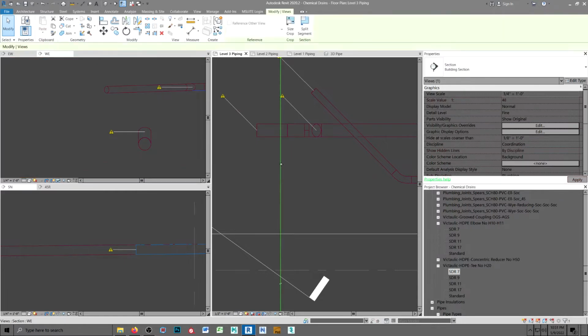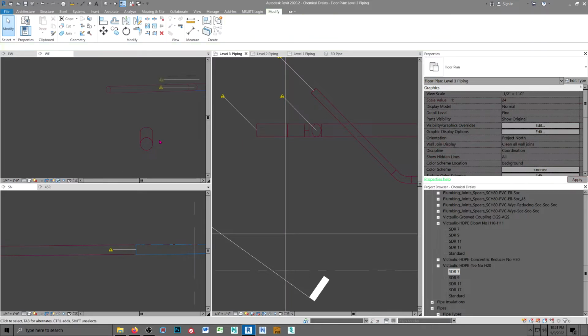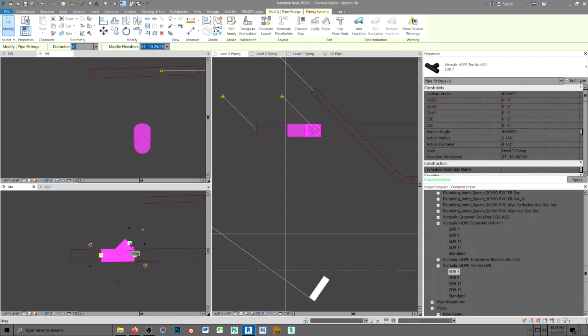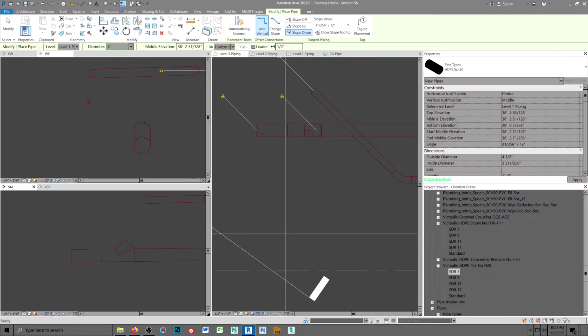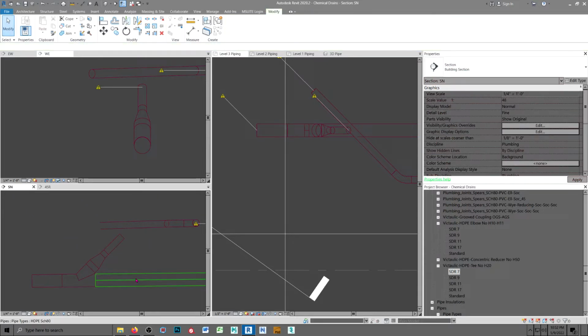The reason being is I want to be right up on the tail end of that when we rotate this. Now you notice it's drawing it at 45 in relationship to the horizontal plane. Well, we want it 45 in relation to that.